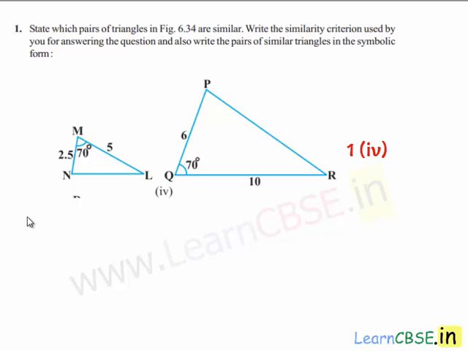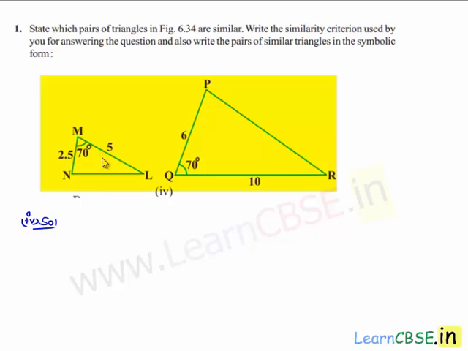Now moving on to the solution for fourth bit. In triangle LMN and PQR, angle M is equal to angle Q is equal to 70 degrees and MN by QR is equal to 2.5 by 10, which is nothing but 1 by 4.